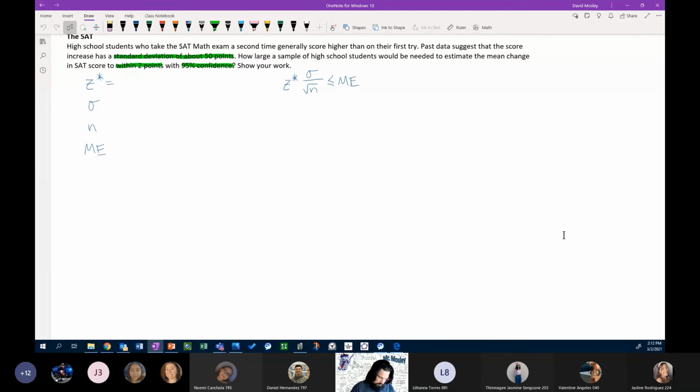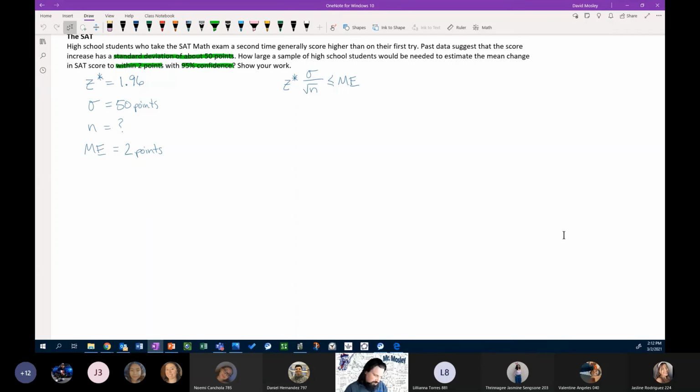We want a 95% confidence, and using table A, we know that the z star that goes along with 95% confidence is 1.96. We have a standard deviation from previous results of 50 points. We don't know n. The target margin of error is 2 points.